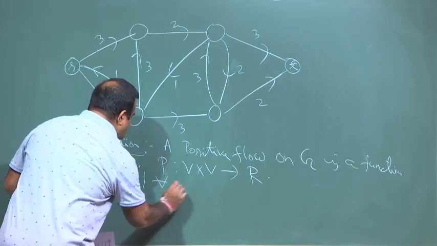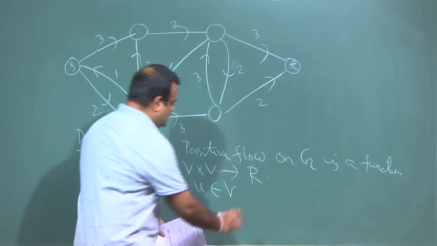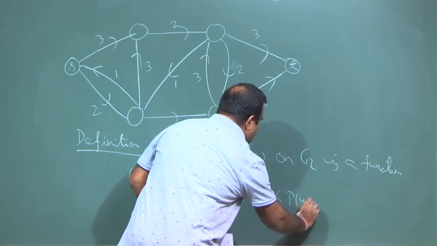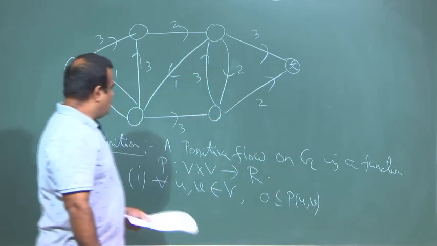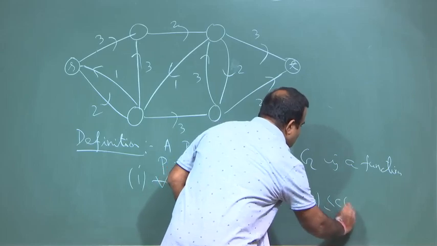So, for all u v belonging to V, this positive flow must be non-negative and it must be less than or equal to C u v.